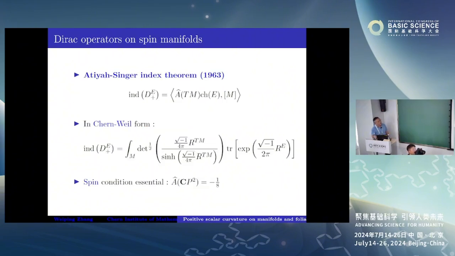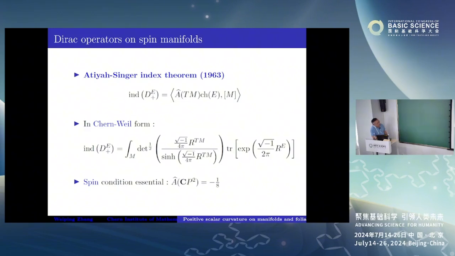The famous Atiyah-Singer index theorem says that this analytically defined index is topological, does not depend on the metric, and indeed has an explicit topological expression. In Chern-Weil form, with the curvature and connection defined, it can be written in this way.